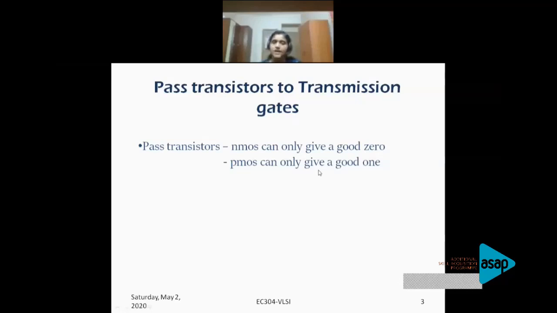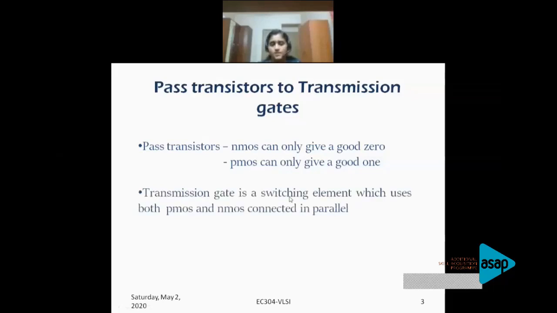Transmission gate tries to overcome this disadvantage of pass transistors. A transmission gate can also be used to implement logic functions, just like pass transistors, and in addition the disadvantage of pass transistors is not there. Transmission gate is nothing but a switching element. Just like pass transistors, which are either an NMOS or PMOS used as a switch, the transmission gate is also a switching element.